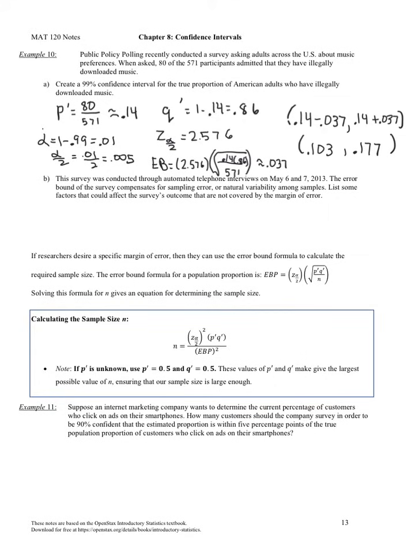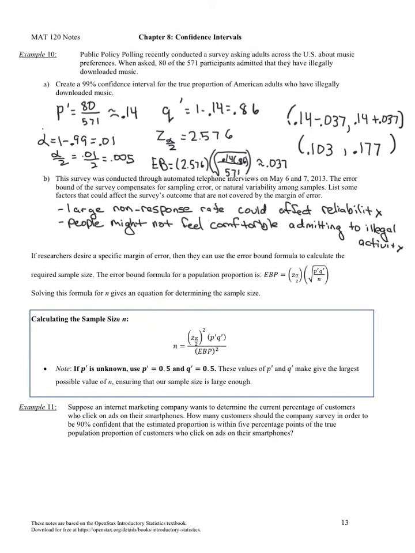In example B, we are asked to list some factors that could affect the survey's outcome that are not covered by the margin of error. One could be that a large non-response rate could affect reliability, and also people might not feel comfortable admitting to illegal activity. It's quite possible the true proportion of adults who have downloaded music illegally is probably greater than the survey shows.